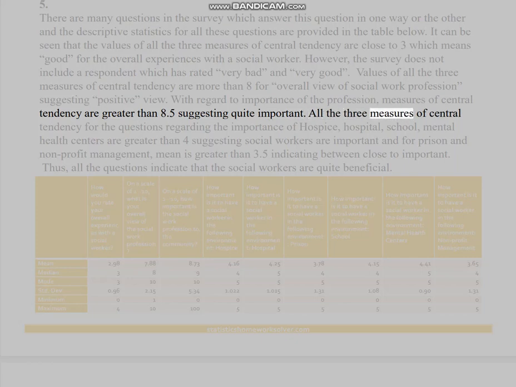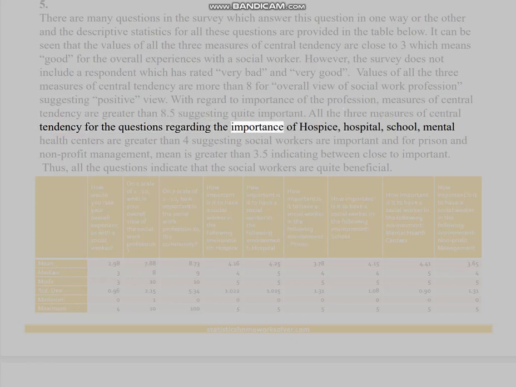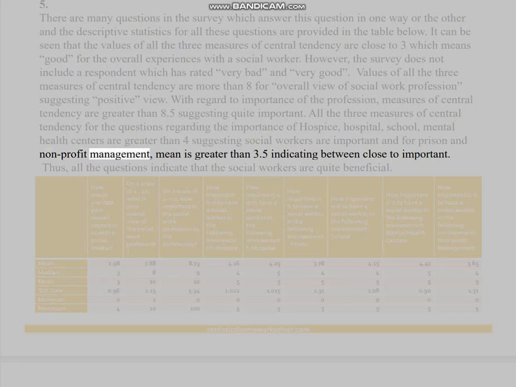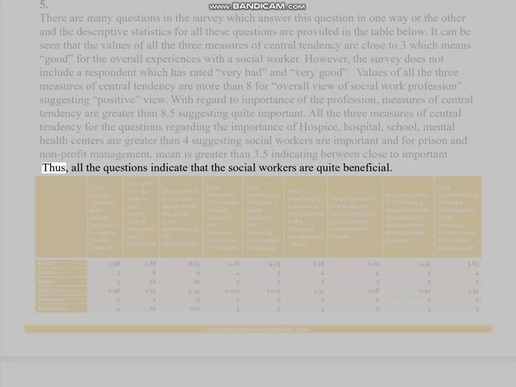All the three measures of central tendency for the questions regarding the importance of hospice, hospital, school, mental health centers are greater than 4, suggesting social workers are important, and for prison and non-profit management, mean is greater than 3.5, indicating between close to important. Thus, all the questions indicate that the social workers are quite beneficial.